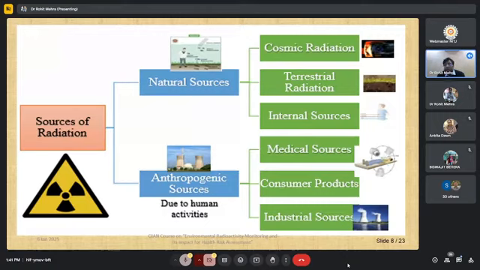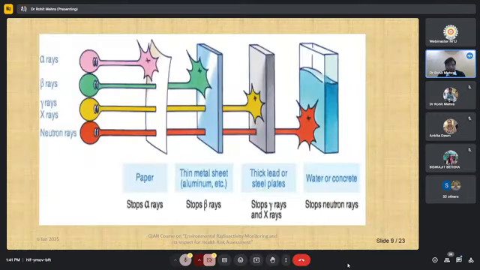One may be medical sources, then consumer products which you are using may also give you exposure. Then there are some industrial sources which can also give you exposure. So it is very important to understand how much we are under the influence of natural sources and how much under the influence of anthropogenic sources.